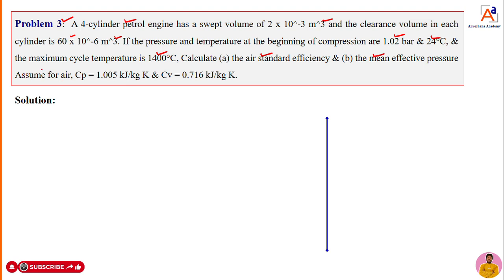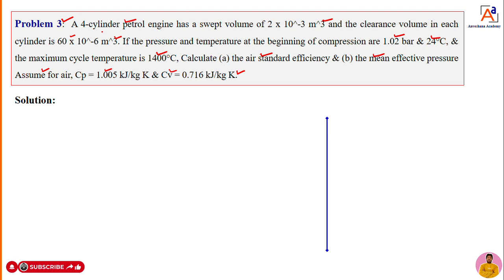Next he has given: assume for air the specific heat at constant pressure is 1.005 kilojoules per kg Kelvin, and the specific heat at constant volume of air is 0.716 kilojoules per kg Kelvin. This is the problem, dear students.